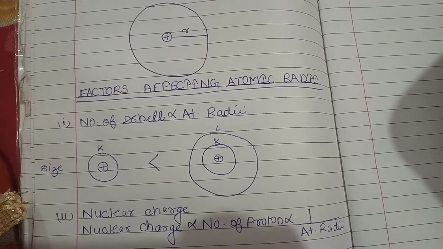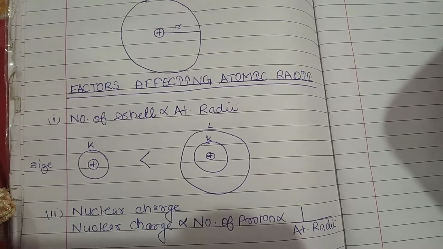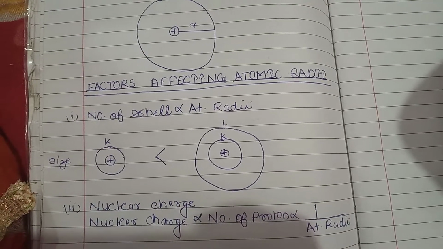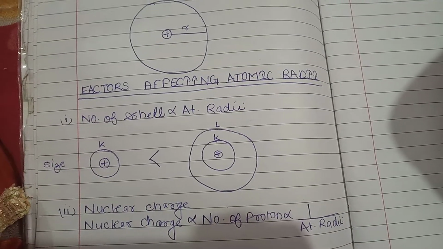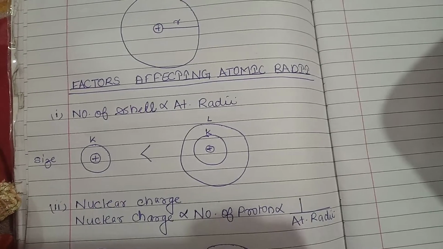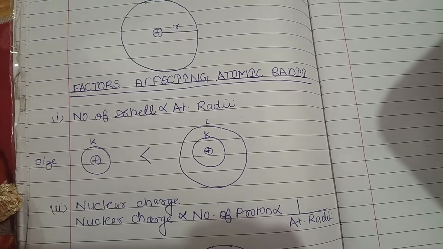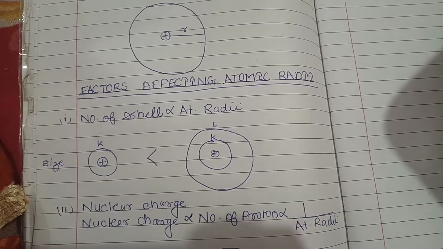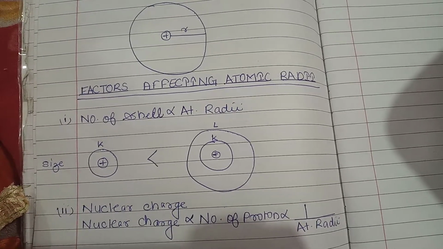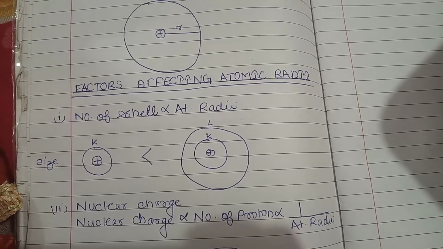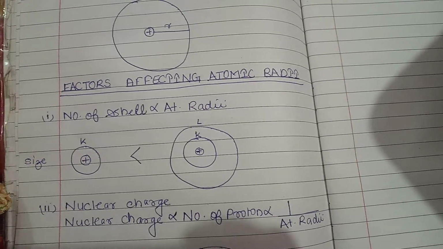So now we move towards the second terminology, that is nuclear charge. In books, it has been stated that nuclear charge is directly proportional to number of proton and is inversely proportional to atomic radii. So again, how come this statement is being given?